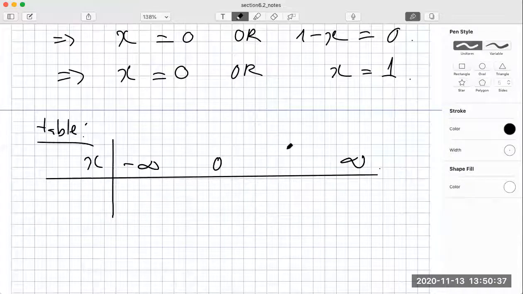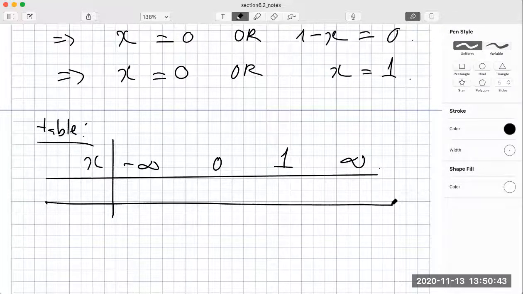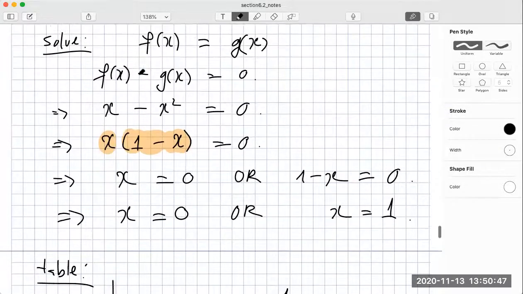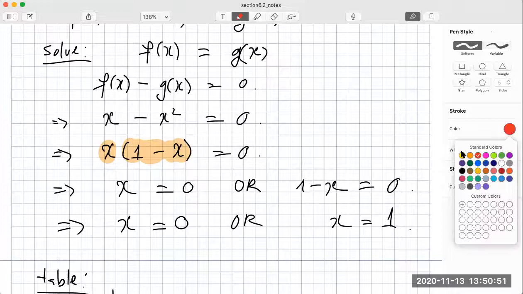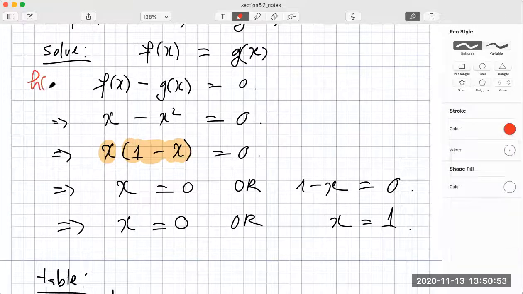At 0 and 1. So let us call this function the function h of x, which is the difference of f and g.